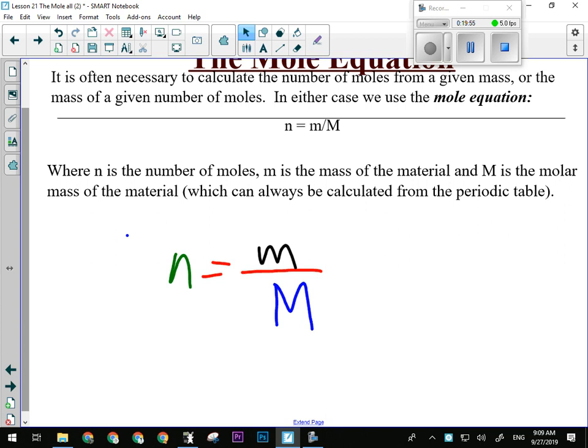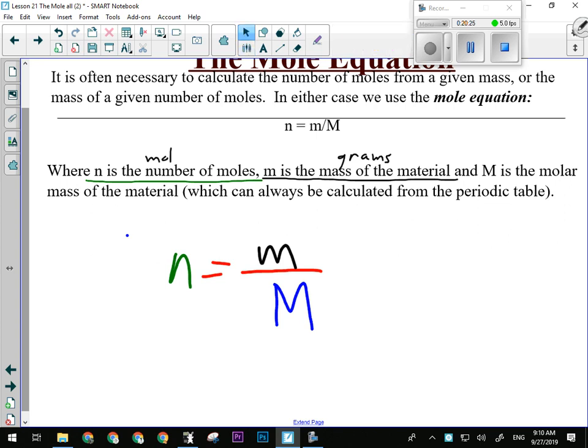Okay? All right. So here's what we have to know. What does each part of this stand for? Well, n is the number of moles. Little m is the mass of the material, and that will be in grams. Moles is obviously going to be in moles.